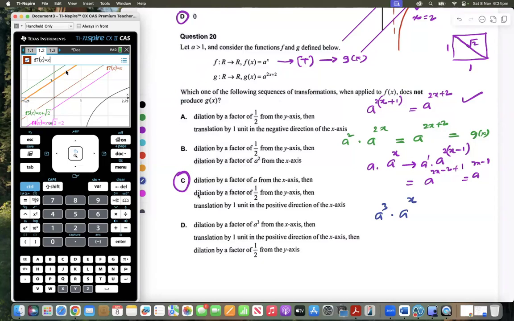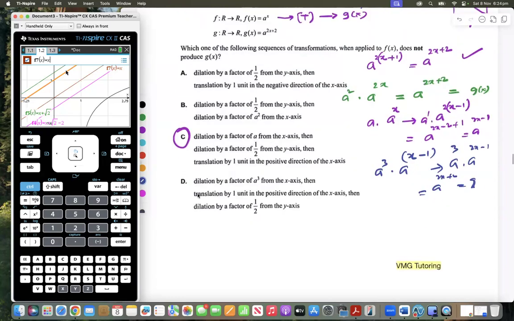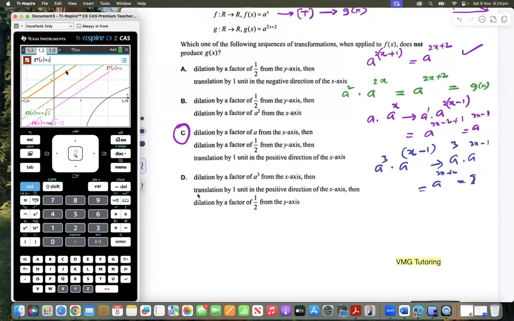Translation by 1 unit in the positive direction of the x-axis. Then half. So that means a to the power of 3 times a to the power of 2x minus 1, which is equal to a to the power of 2x plus 2, which is equal to g. Yeah, it is correct. Okay, done. Thanks, guys.